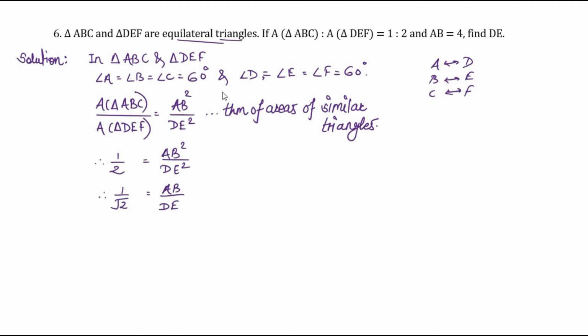But AB is equal to 4, so DE can be written as 4 into root 2. Okay, this is what DE is. Therefore, finally, you can write 4 root 2 units is the answer for this problem.